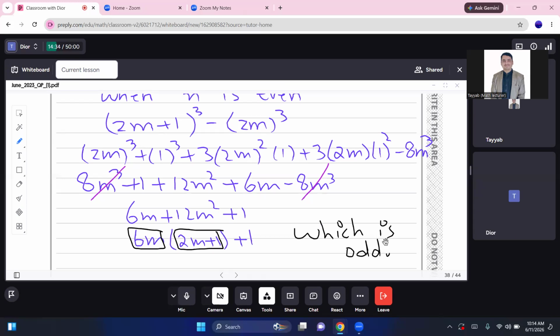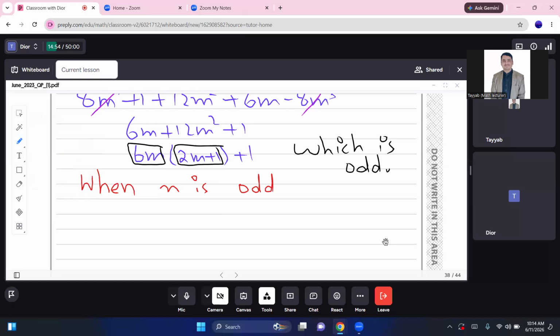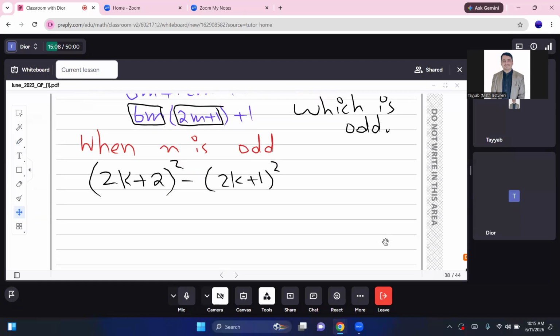Now we check if n is odd. Okay. When n is odd, let's say 2k plus 1, and n plus 1 is 2k plus 2.